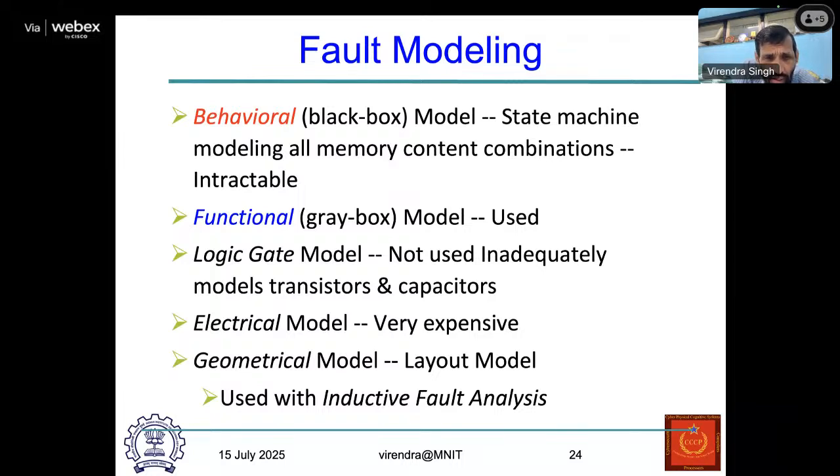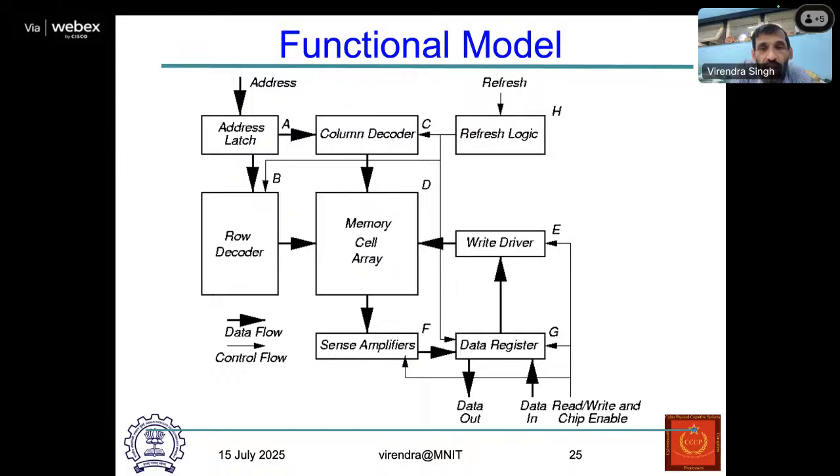And the other models that we have, I have already explained, like the regular stuck-at kind of fault model, where you can consider the memory as a traditional random logic device, and test using that. So in an abstract sense, if I want to develop a functional fault model, I have a memory cell array.